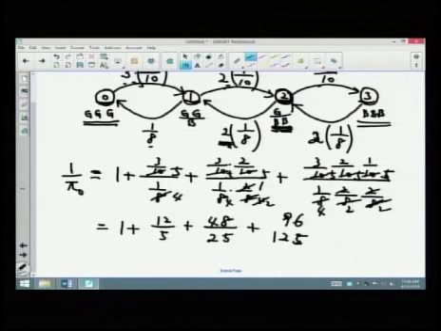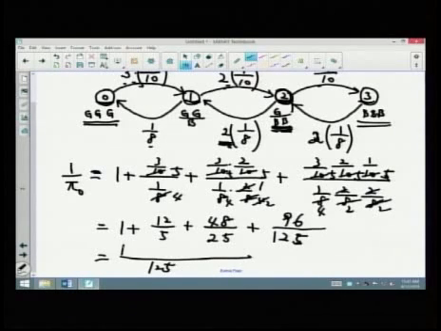Is that right? So what is this? 125. What is this?